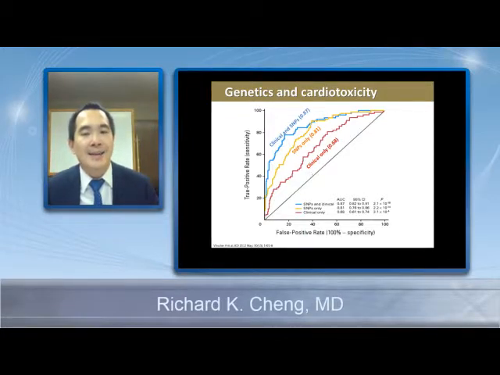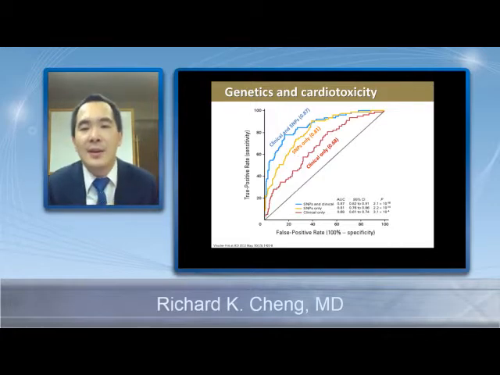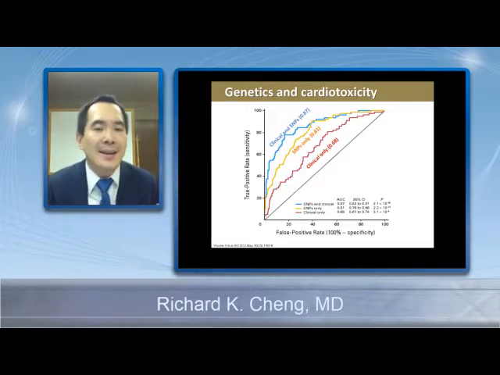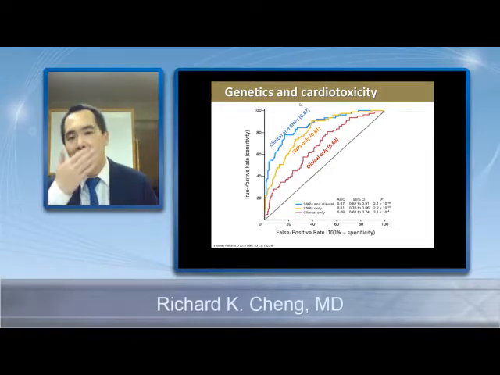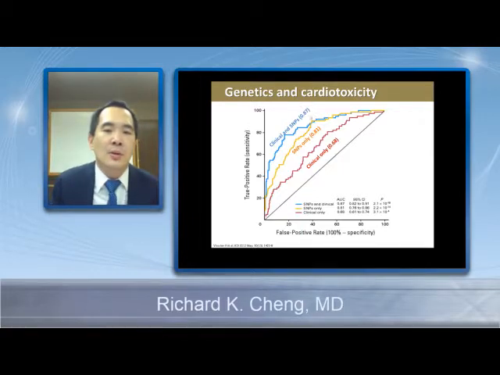What about genetics? If you look at single nucleotide polymorphisms, or SNPs, as shown here, the area under the curve is 0.81. So this is more predictive than clinical factors alone. So genetics can be highly predictive of downstream cardiotoxicity. If you combine your clinical risk factors and your SNPs, this is the most predictive.